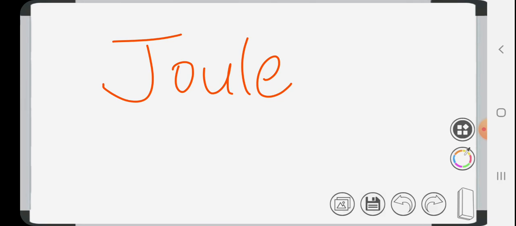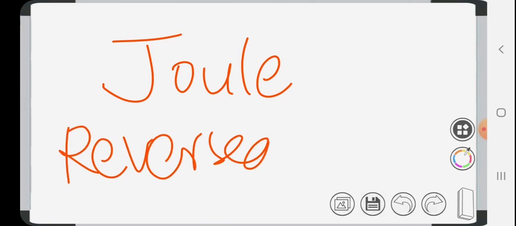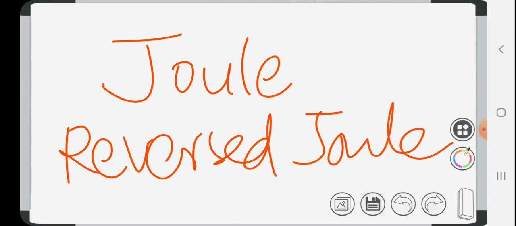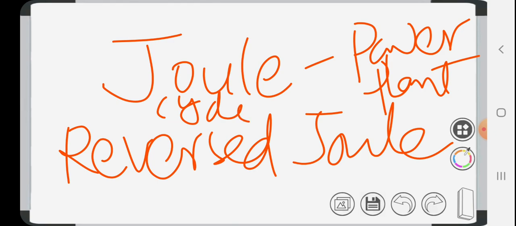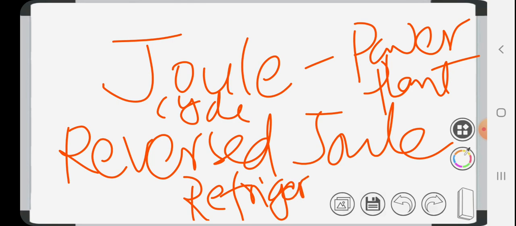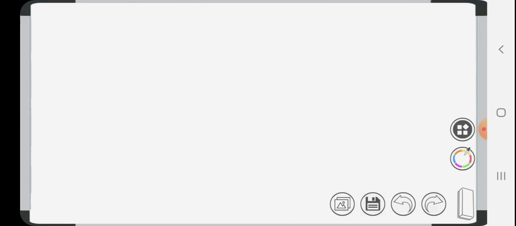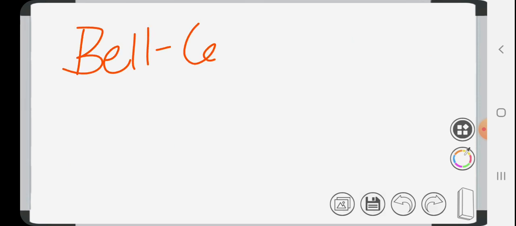So in a power plant you use the Joule cycle, and in a refrigerator you have to use the reversed Joule cycle. The reversed Joule cycle is called the Bell-Coleman cycle.